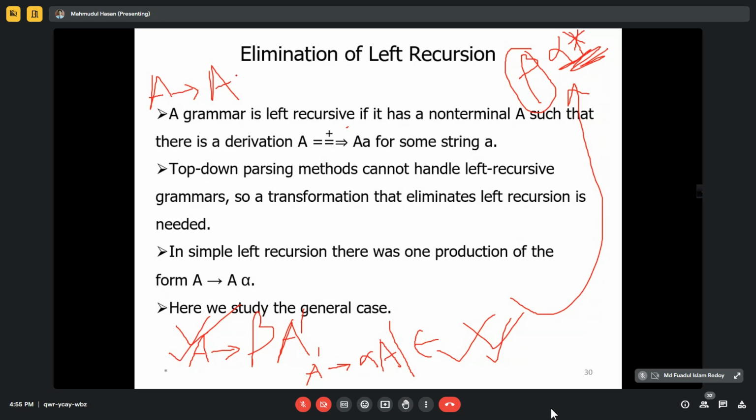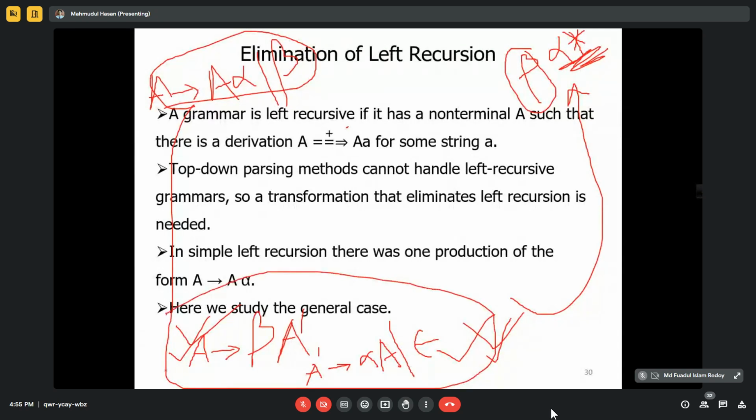Okay, got it everyone? When you replace this production rule with those production rules, you are able to generate the same input like before, but left recursion is absent.